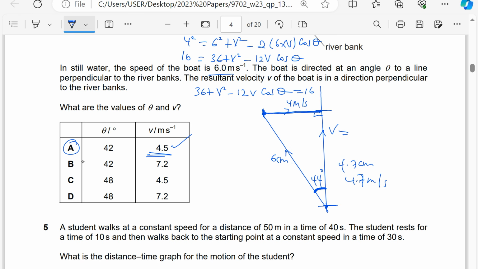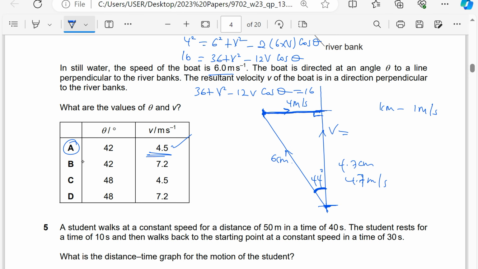Because I'm drawing on a computer, if you draw this to scale, 1 centimeter represents 1 meter per second. First, draw the horizontal line to represent 4 meters per second. Use a protractor to draw a vertical line which makes 90 degrees with the horizontal line. Just make the line longer. Then project your ruler from where 4 centimeters started and take it to the other line to make sure that it is 6 centimeters.